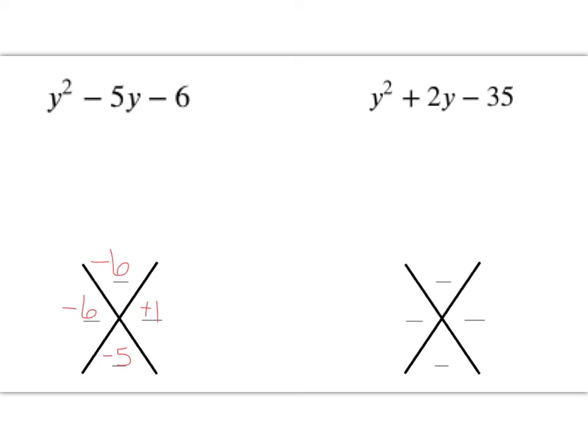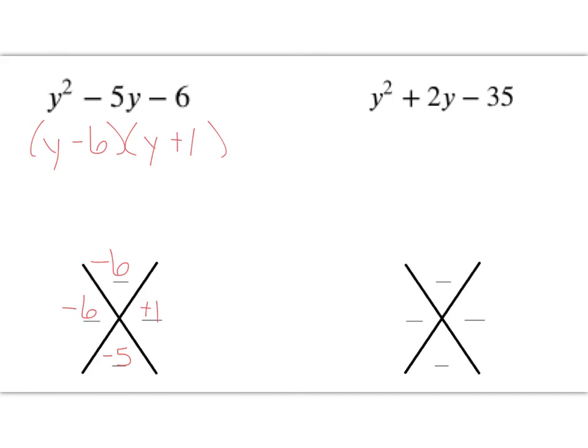Negative 6 times 1 is negative 6, and negative 6 plus 1 is negative 5. So when I write my two binomials this time, I'm going to have y minus 6, because the 6 is negative, and y plus 1, because the 1 is positive. And where that minus sign goes matters, because we needed a sum of negative 5. So make sure you double check that you have the right sign with the right number.